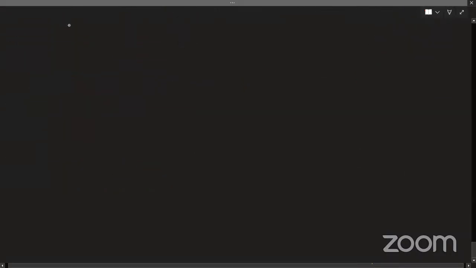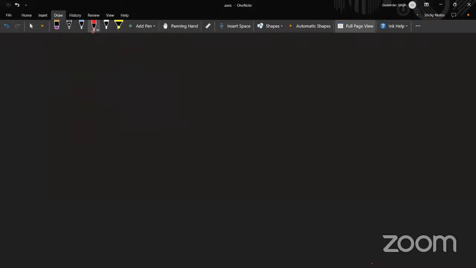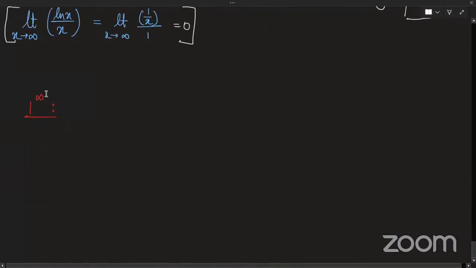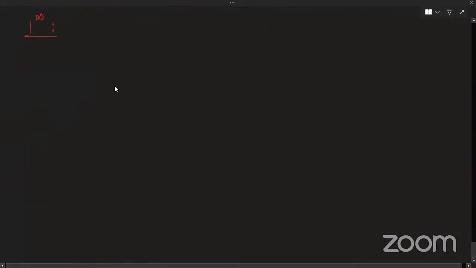We have one more special case: 1 raised to infinity. I'll tell you one small thing. If you ever encounter 0 raised to 0, infinity raised to 0, or 1 raised to infinity, these three are the easiest cases of them all. You don't need to do anything, because there is a standard way of solving these limits.